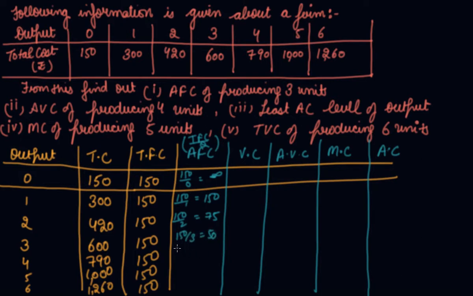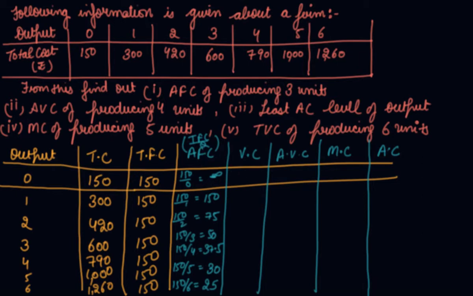Then 150 divided by 4 is 37.5. Then 150 divided by 5 is 30. 150 divided by 6 is 25. So this is how we find out your average fixed cost.